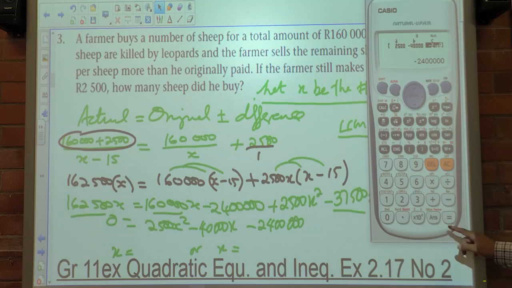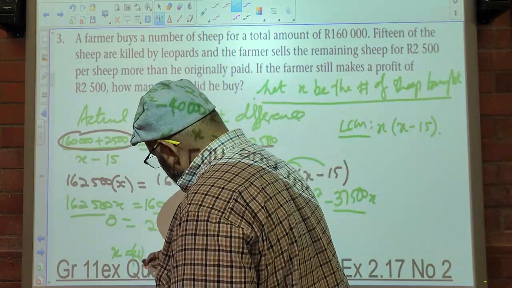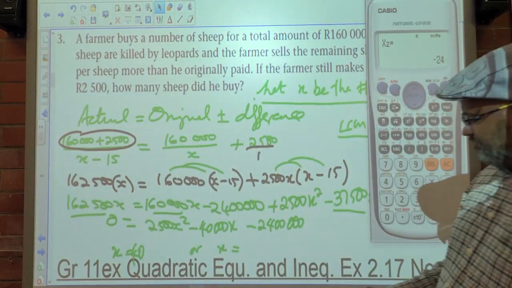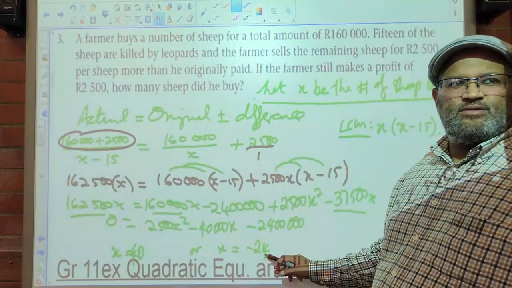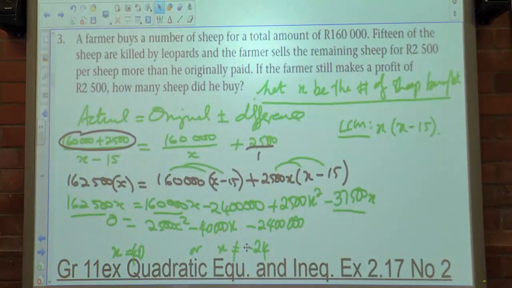Okay, it gives me 40 or negative 24. Can it be negative 24? No. The farmer can't buy a negative amount of sheep, not so? So how many sheep did he buy? He bought 40 sheep in total.